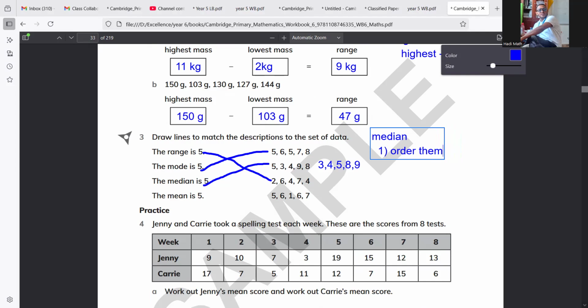This is the first thing that we need to do. Number 2, the middle is the median.